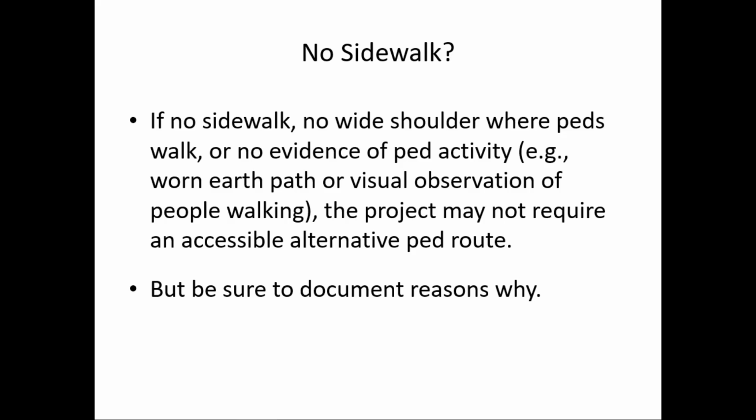So that's my point: even though there may not really be evidence of pedestrians or disabled pedestrians, they may from time to time be present. So at least educate the crew on what happens if somebody in a motorized wheelchair does come along. How are we going to get them through the work area? And at least have a plan for that, even though you may not ever have to implement it.